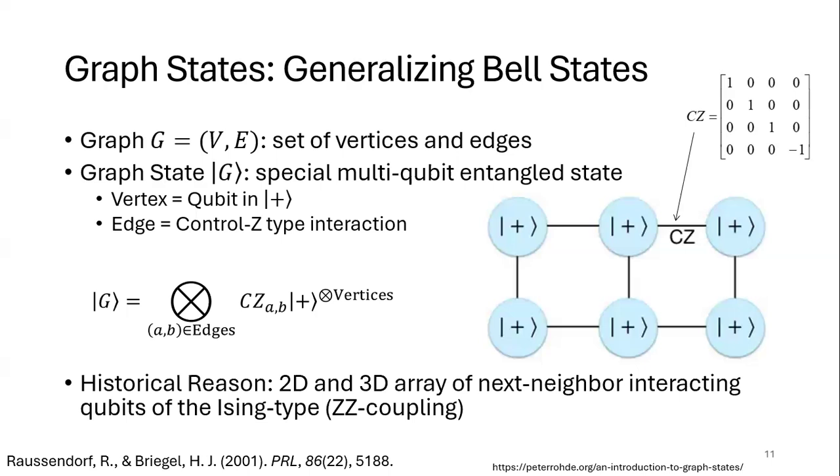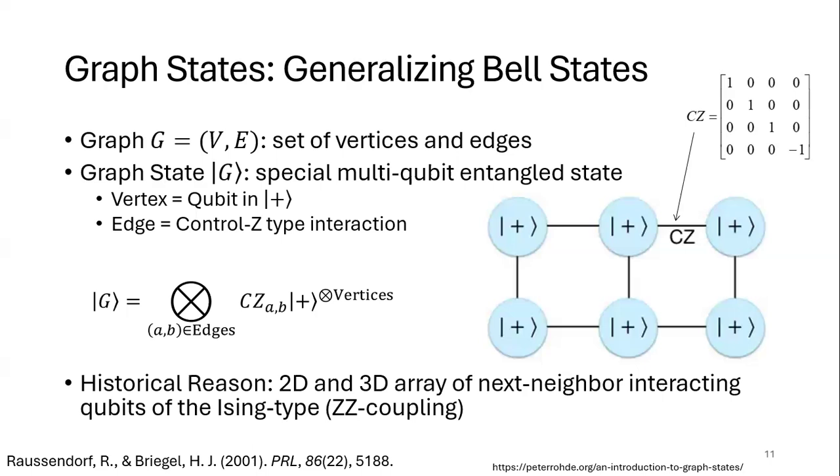So this goes down to the 2001 paper, where the authors discussed how one can utilize a 2D and a 3D array of spins that are interacting in an Ising type interaction, meaning that there's a neighbor-neighbor interaction between those spins, and they're coupled with a ZZ type coupling.